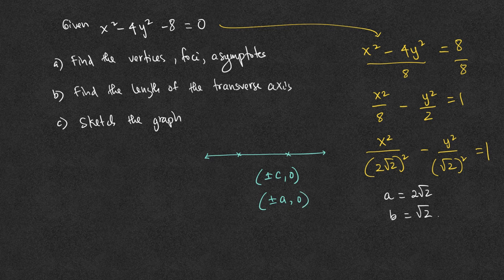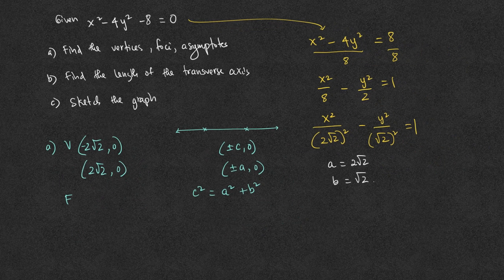And so to answer part A, we see that the vertices are negative 2 root 2 comma 0 on the left and positive 2 root 2 comma 0 on the right. For the foci, we would need to find c, where c squared equals a squared plus b squared. In a hyperbola, this is the relationship.